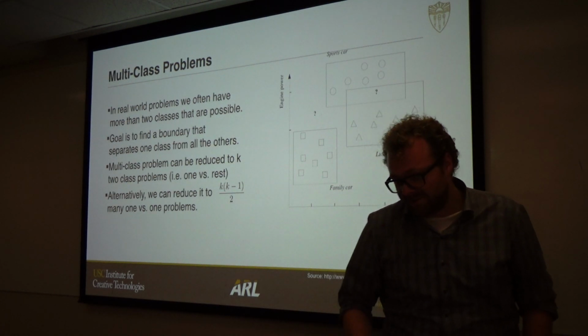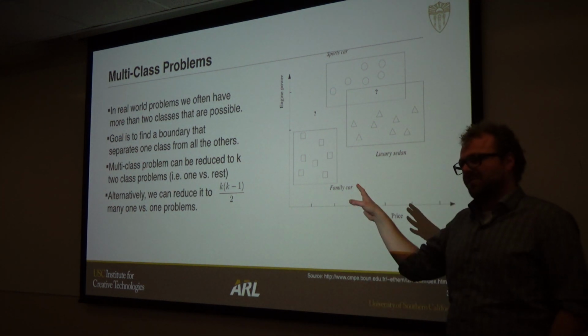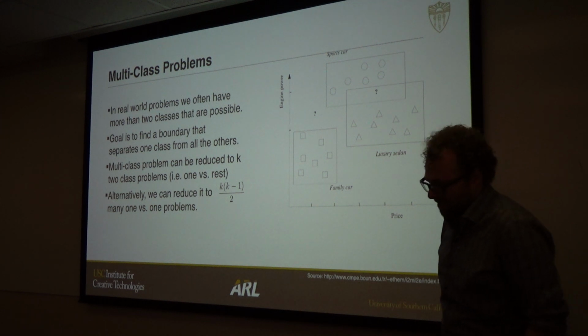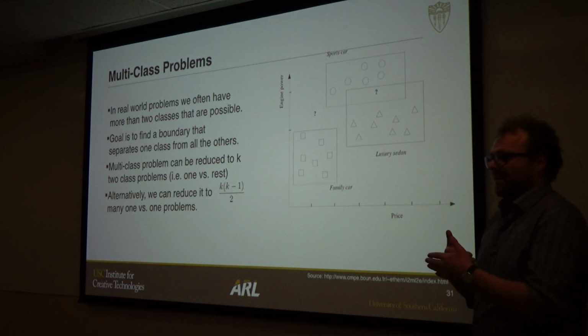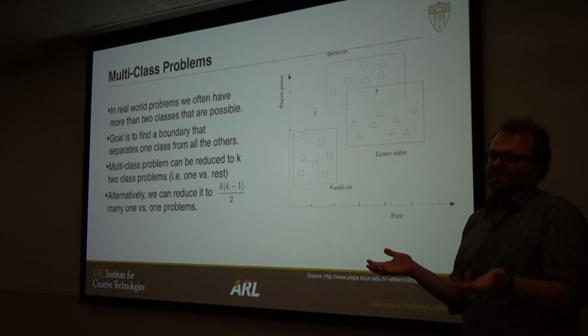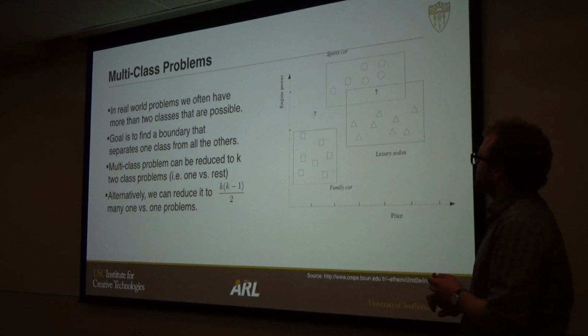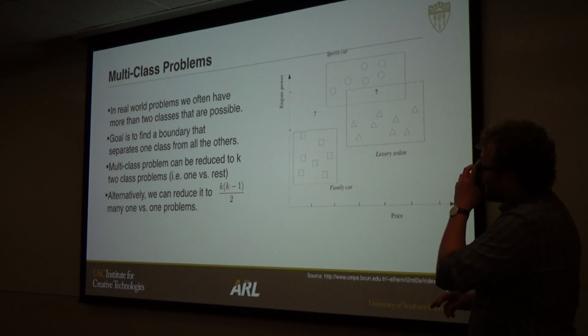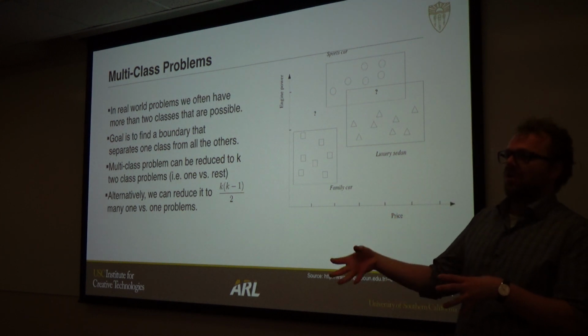Just very briefly, if we don't have just two classes, because this is going to be a little part of what we're going to do in the homework. If we have three classes, what options do we have? There are two main options. On the one hand, we can do a one versus all classification.